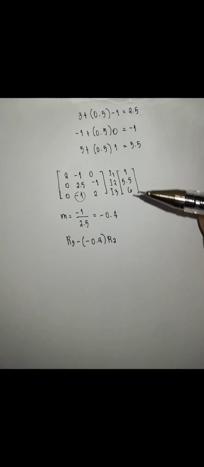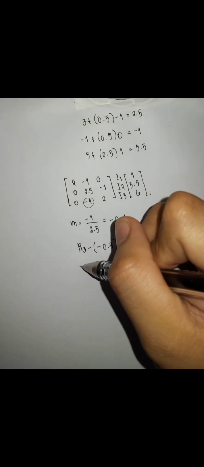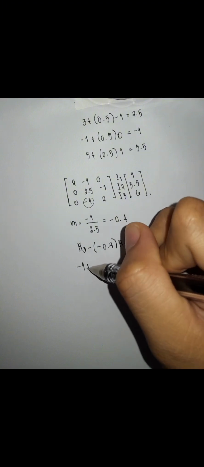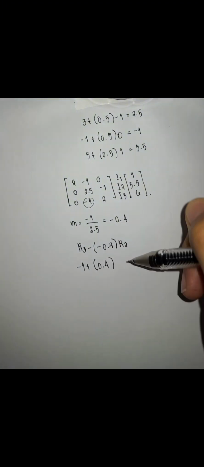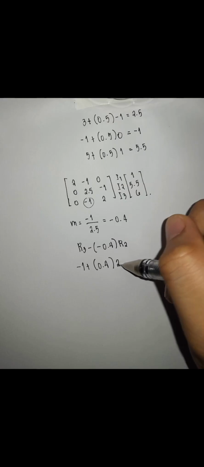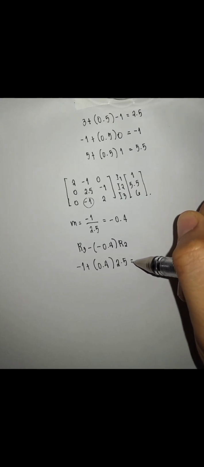Then our formula will be R3 minus 0.4 R2. 0.4 times 2.5 is equal to 0.